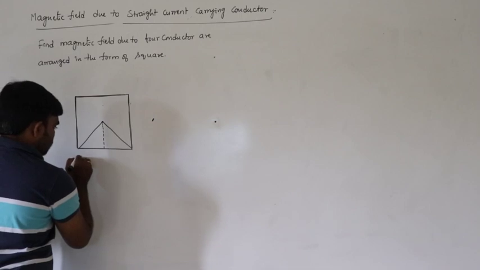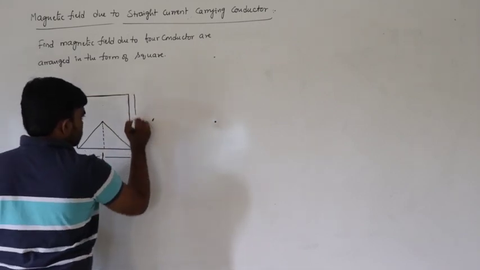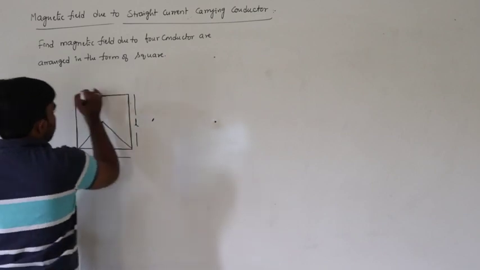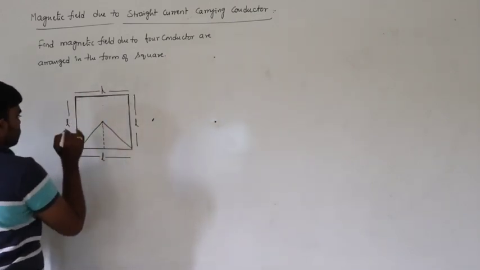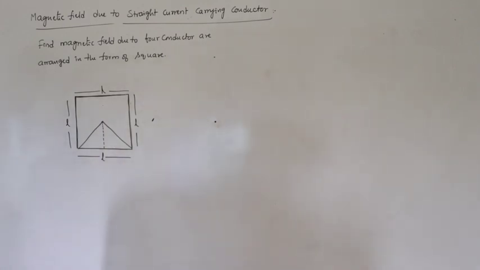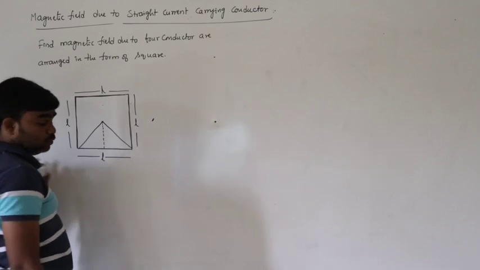Let us say L is the length of the square, each side is L. Then what is this distance? L by 2.